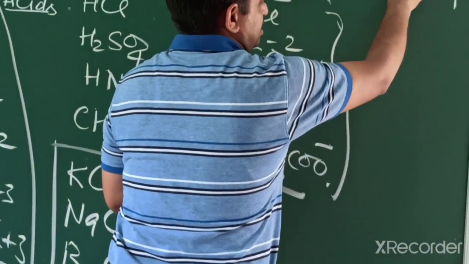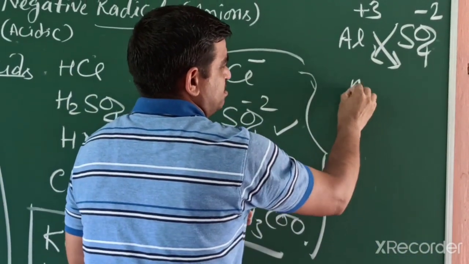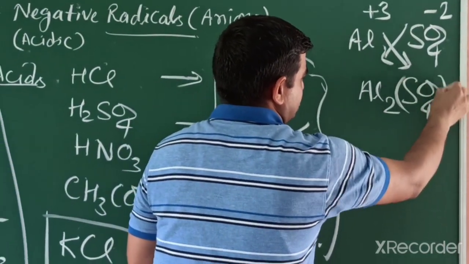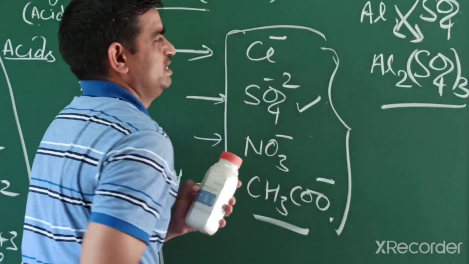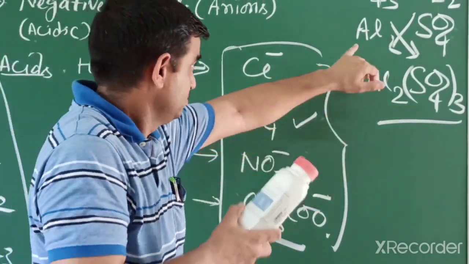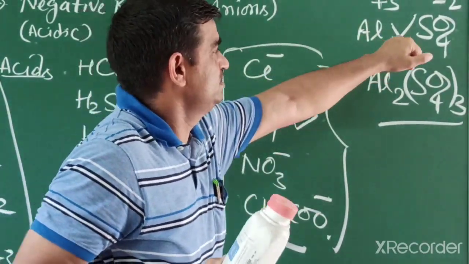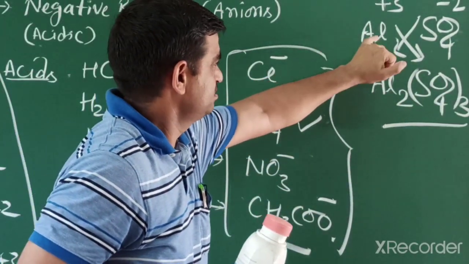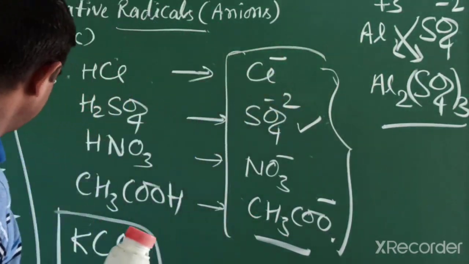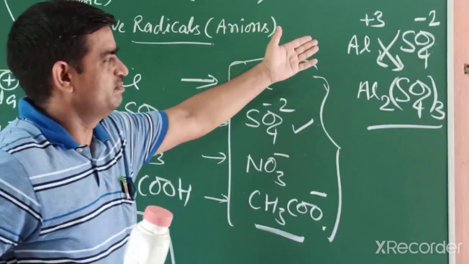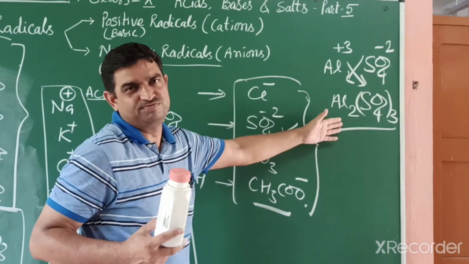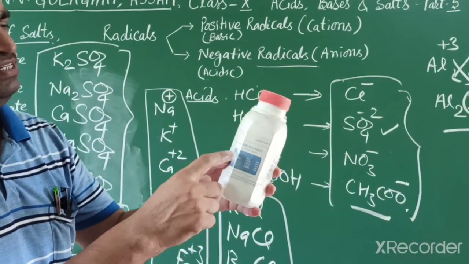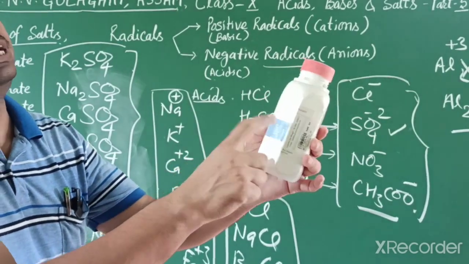Then cross their charges, so you write Al2(SO4)3. This is aluminium sulfate, with a cation and an anion. Sulfate comes from sulfuric acid, and the metal comes from the base, aluminium hydroxide. Such salts we have to identify. In this aluminium sulfate, the cation is aluminium and the anion is sulfate.